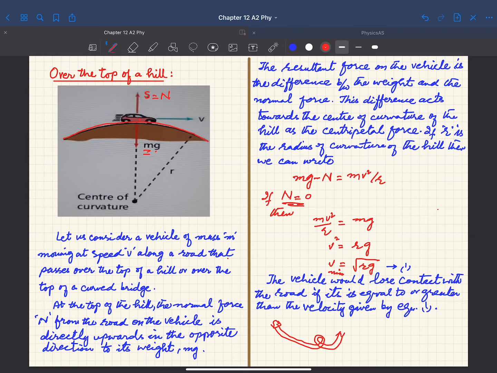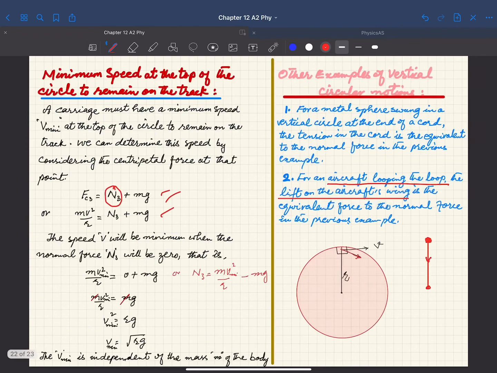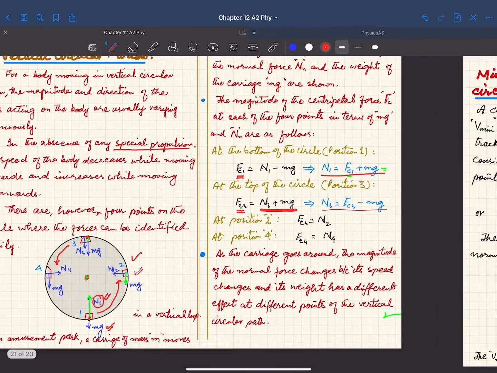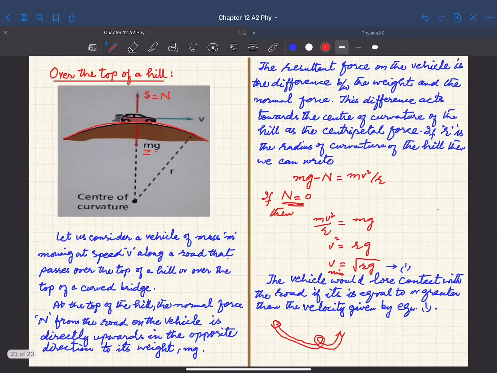Like in roller coasters and other amusement park situations, we can see this vertical motion, and this is basically again the centripetal force and normal reaction, which is very important, and of course the weight of the vehicle or weight of the body.